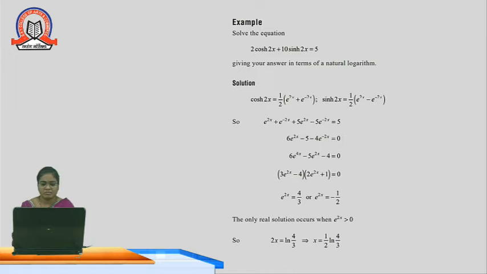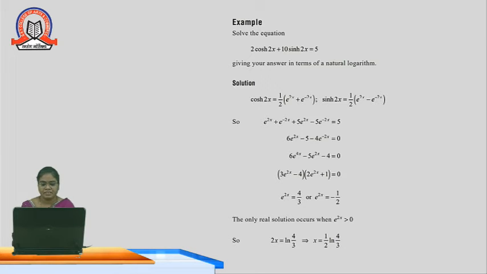Substituting in the given question, we get e power 2x plus e power minus 2x plus 5 e power 2x minus 5 e power minus 2x equals 5. So adding the coefficients of e power 2x, we get 6 e power 2x, and the constant is minus 5, minus 4 e power minus 2x.